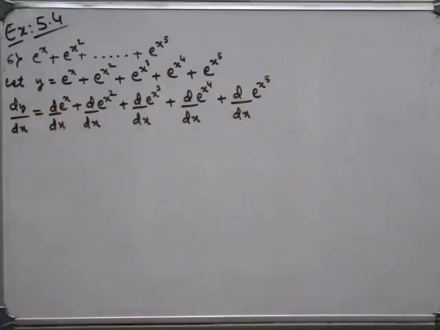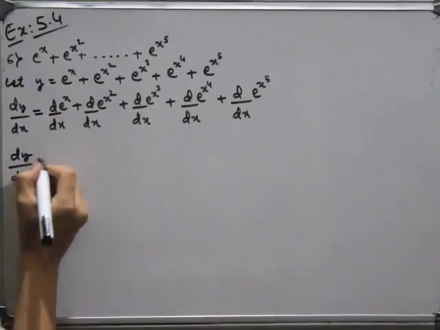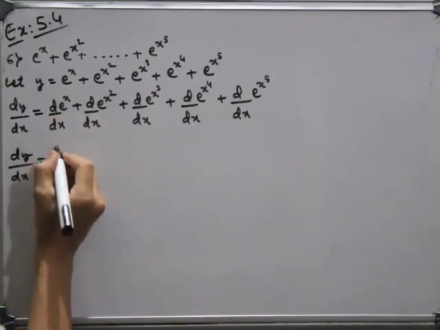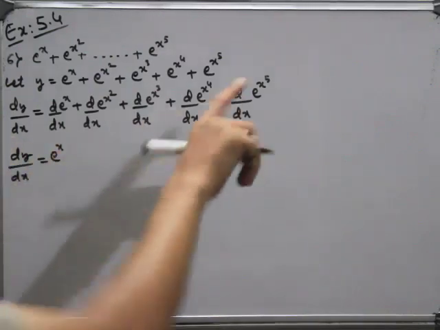So every term you have to differentiate to get the answer. dy by dx is equal to e to the power of x. So there was a problem, I think third question, e power x square, you have to solve it. So based on that we can write the values for all these things.